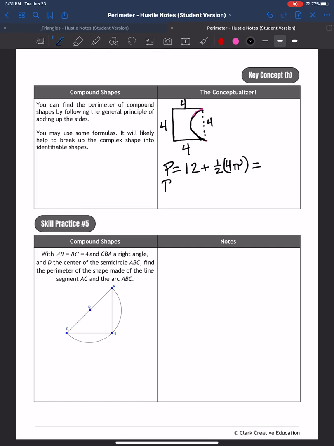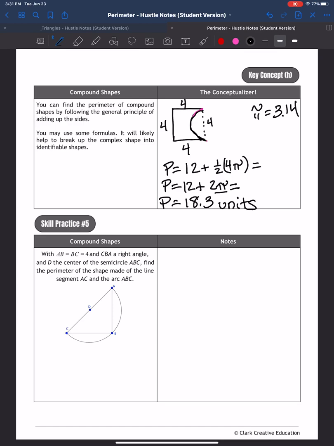So you have P equals 12 plus 2 pi equals your perimeter, and then P equals 18.3 units. So you can put 2 pi right into your calculator, or you can use 3.14, whatever works. So remember, pi equals 3.14.